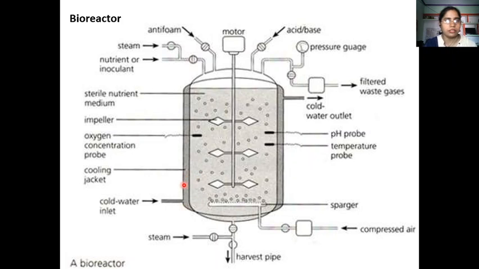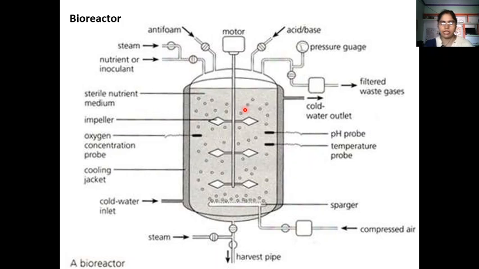For cooling, once we pass the steam, after that we pass the cold water for cooling the medium. So it's a very important structure for producing the microorganism or producing the product in the industry.